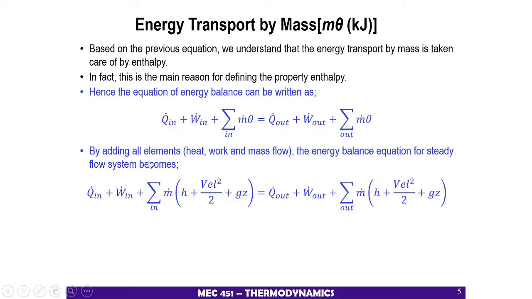So by adding all elements, heat, work, and mass flow, the energy balance equation for steady flow becomes this. Substitute theta here, and we get the theta here.